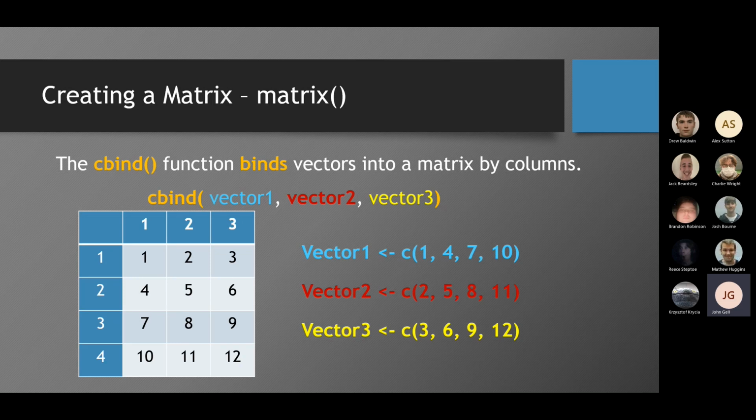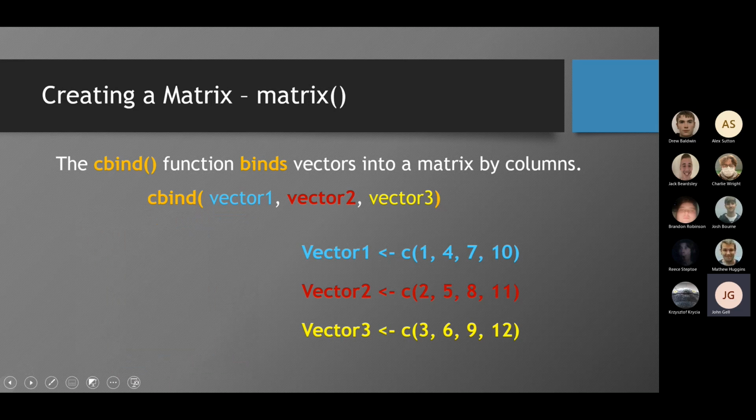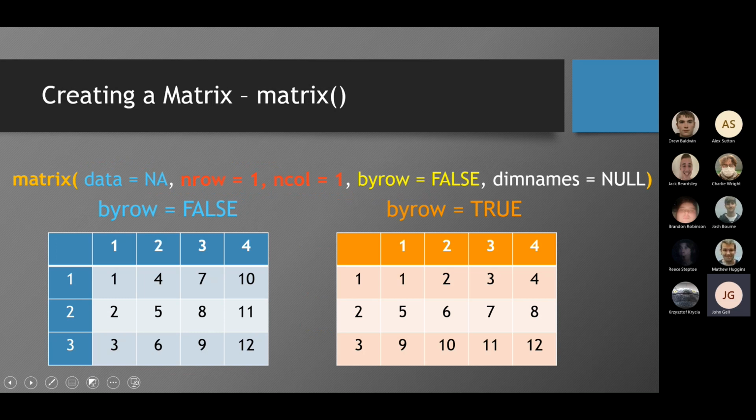Question: what's the difference between the matrix function and cbind and rbind? How many more parameters do we need to set in matrix than we do in rbind and cbind?